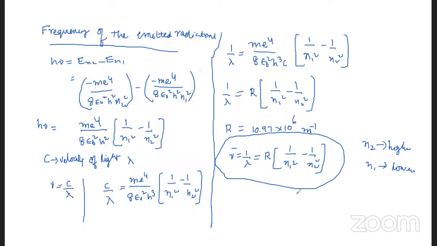Next, after this amount of radiation which has been emitted, we can know the different electron energy levels in the hydrogen atom.